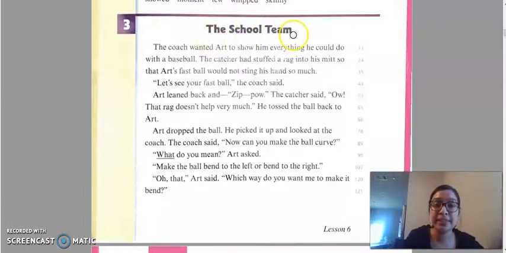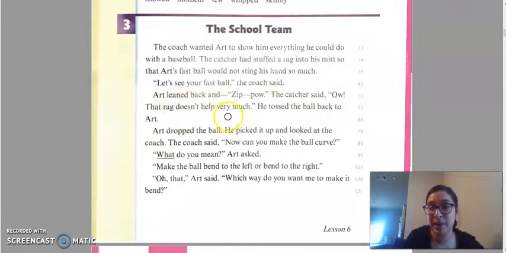The school team. The coach wanted Art to show him everything he could do with a baseball. The catcher had stuffed a rag into his mitt so that Art's fastball would not sting his hand so much. "Let's see your fastball," the coach said. Art leaned back and zip pow, the catcher said, "Ow!